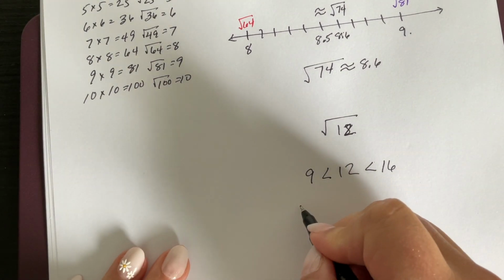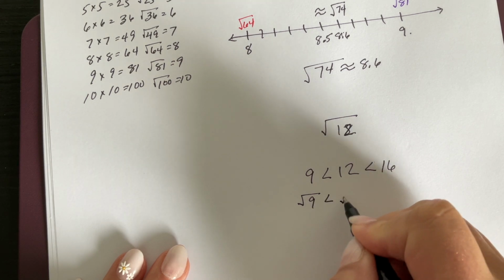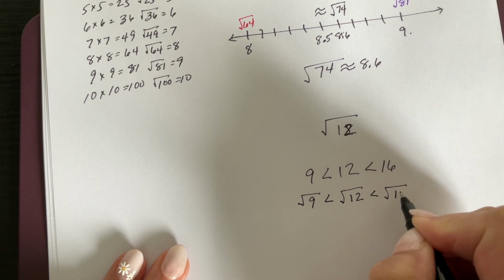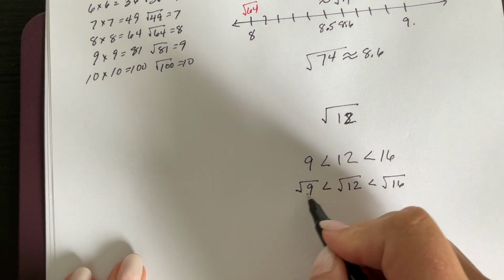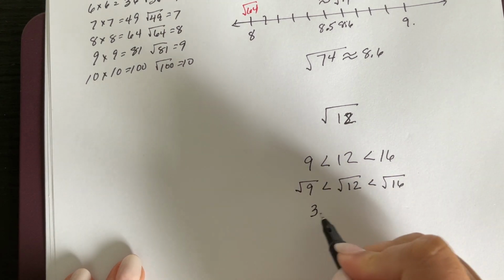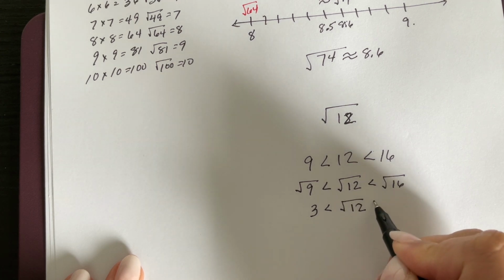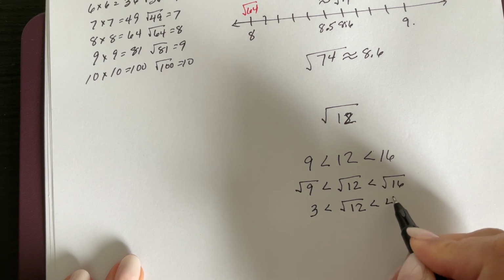That means that the square root of 9 is less than the square root of 12 is less than the square root of 16. And I know the square root of 9 is 3, and I know the square root of 16 is 4.